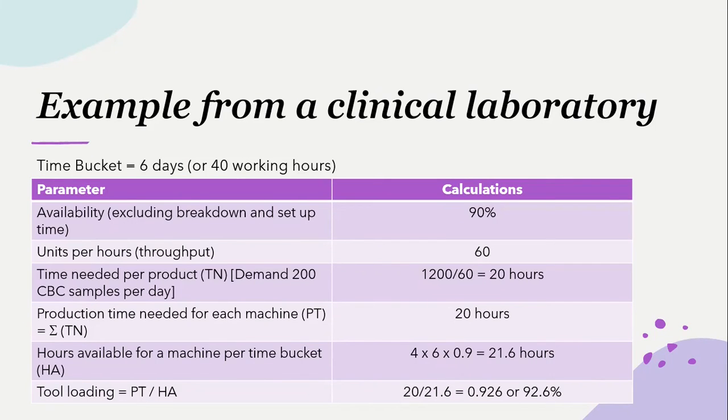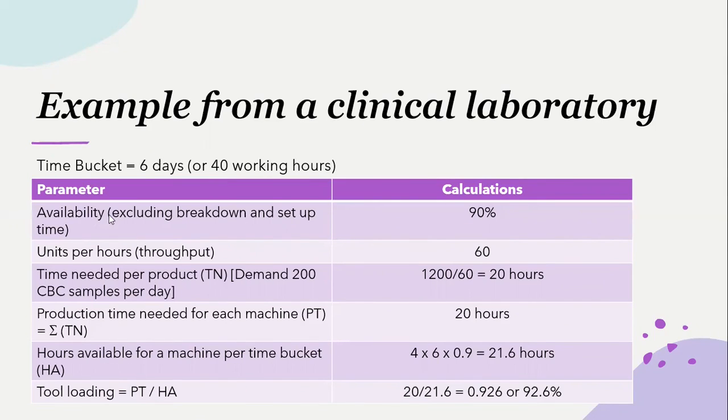Now let us look at an example from a clinical laboratory. Let us say there is a hematology analyzer installed at a clinical laboratory, and it runs for 4 hours a day, and the time bucket we take is 6 days. So the analyzer works for only 4 hours a day.